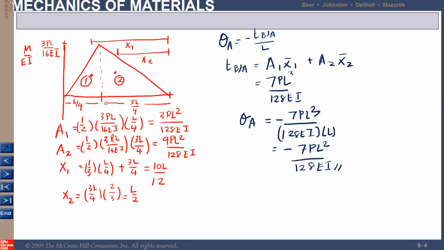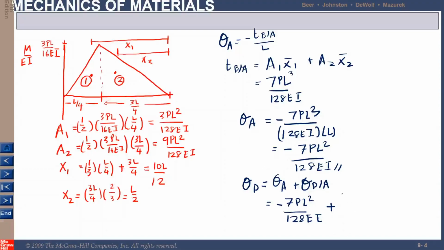Now we can proceed to find the value of theta D as theta A plus theta D in reference to A. The value here will be minus 7PL square over 128 EI, plus theta D over A, which is just the area 1.